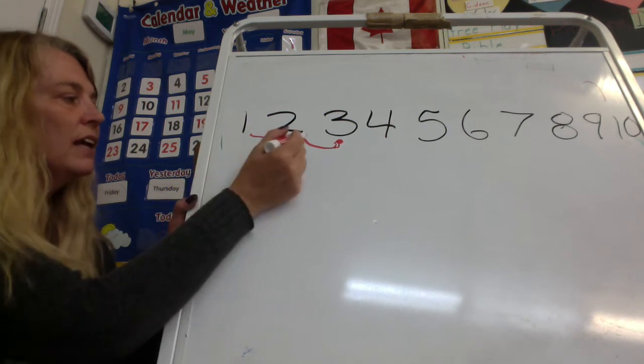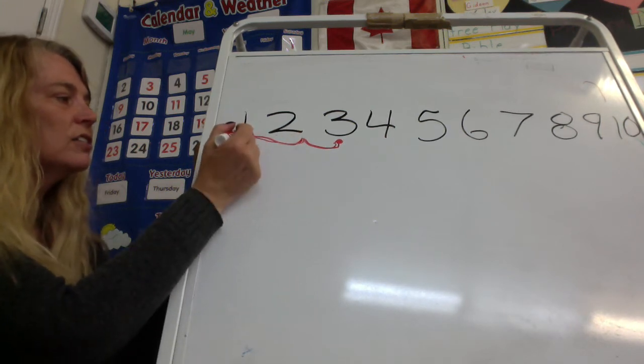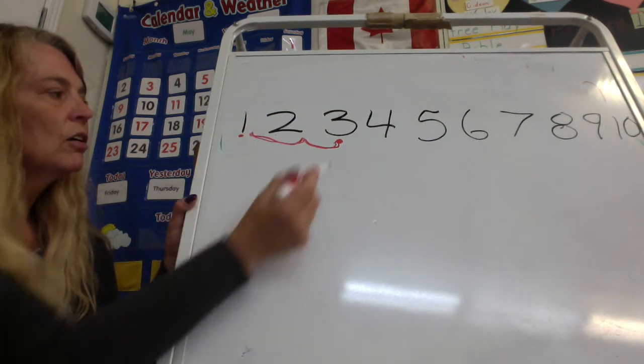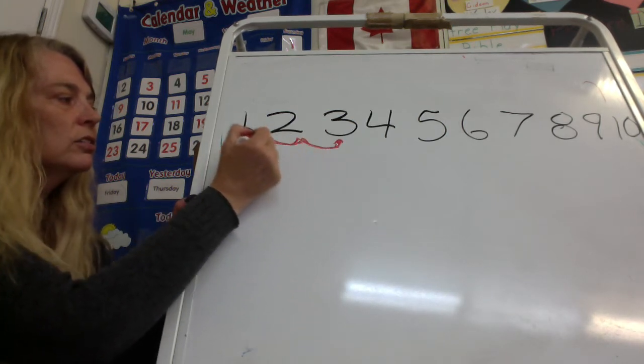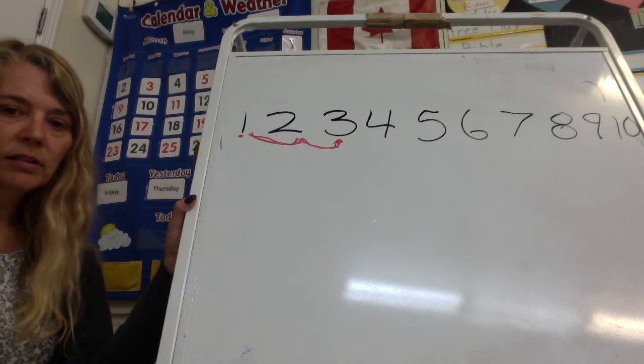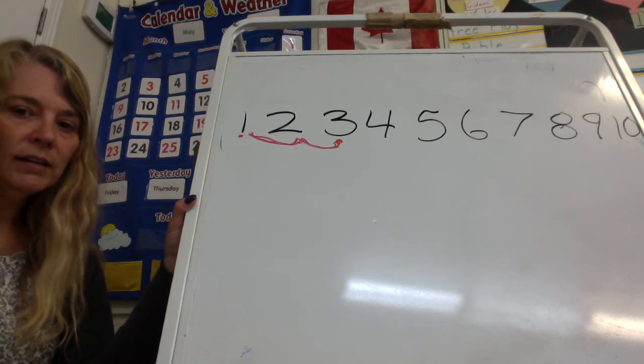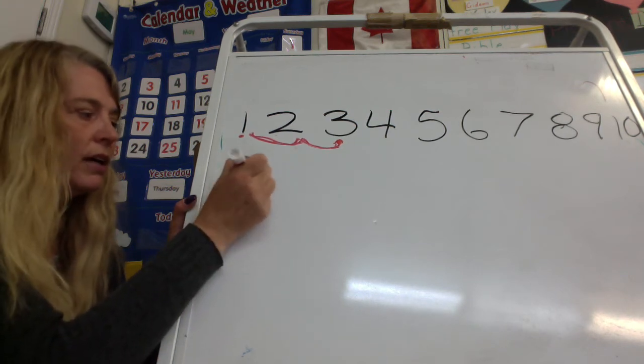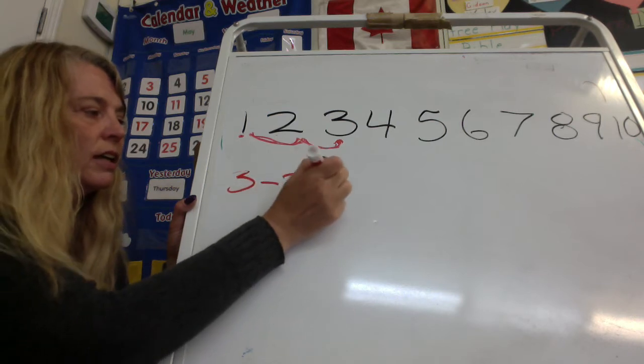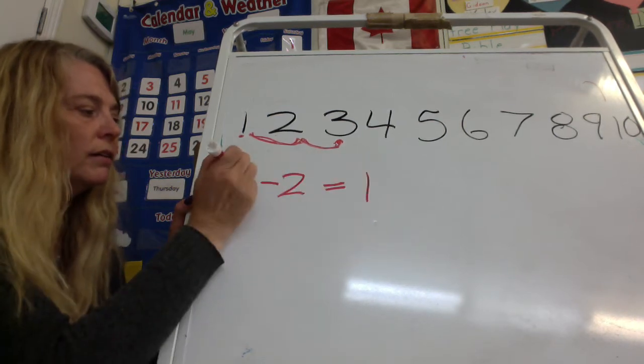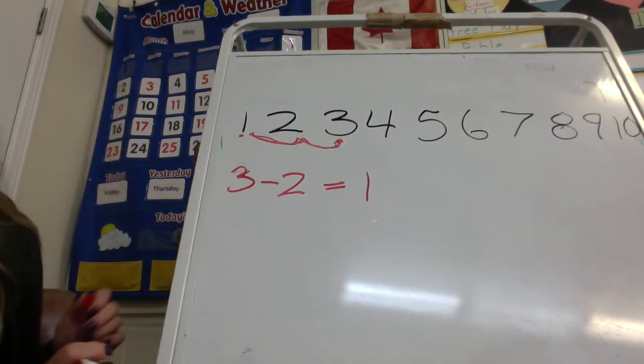And whatever we land on, that's the answer. 1, 2. We landed on 1. So 3 take away 2 equals 1. Let's try another one.